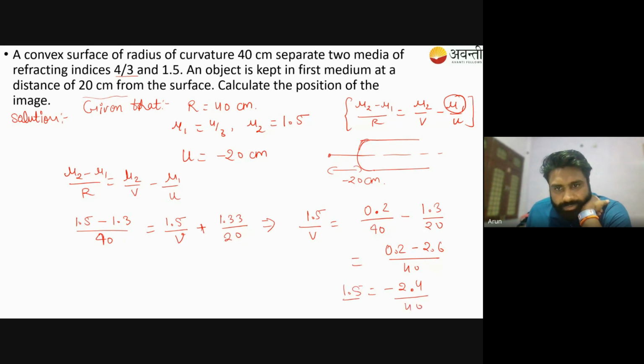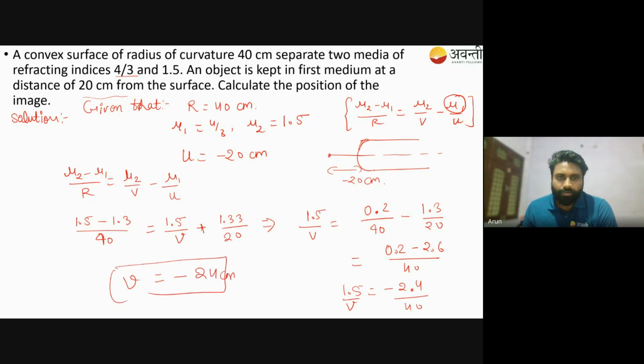And if you calculate that, it would give you the value of v as minus 24 centimeter. So you are right, Pratibha Chauhan. The answer is 24 centimeter, but the image is on the side of the incident rays, so the image distance is minus 24 centimeter. Got it?